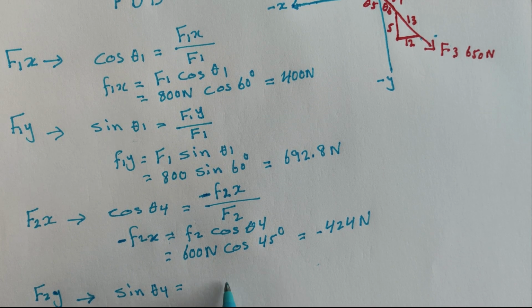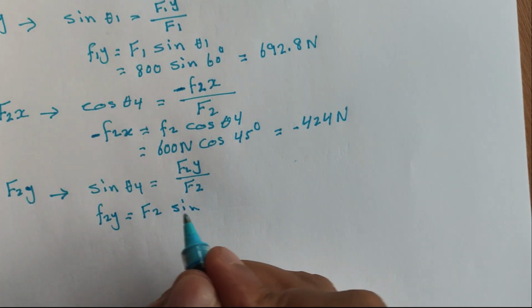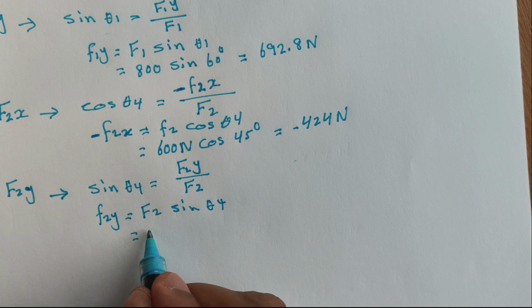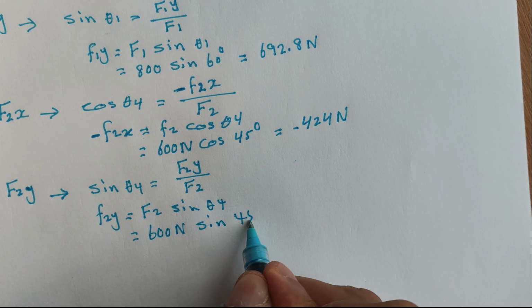4 equal to F2 on the y direction divided by F2. Solving for F2 on the y direction, that will be F2 sine theta 4. The F2 is 600 Newtons, sine 45 degrees.